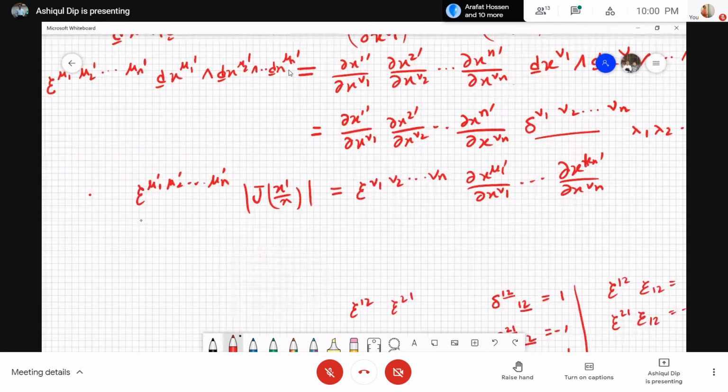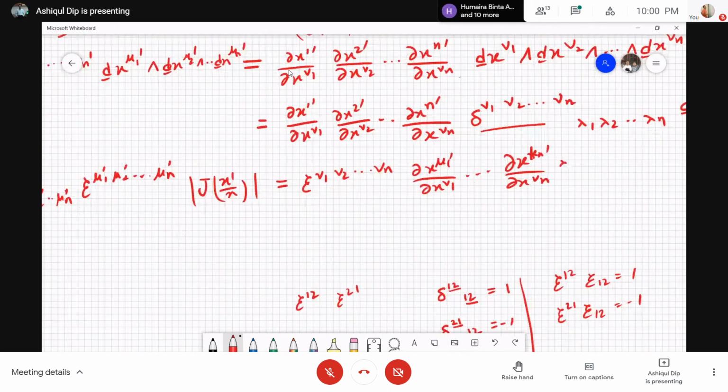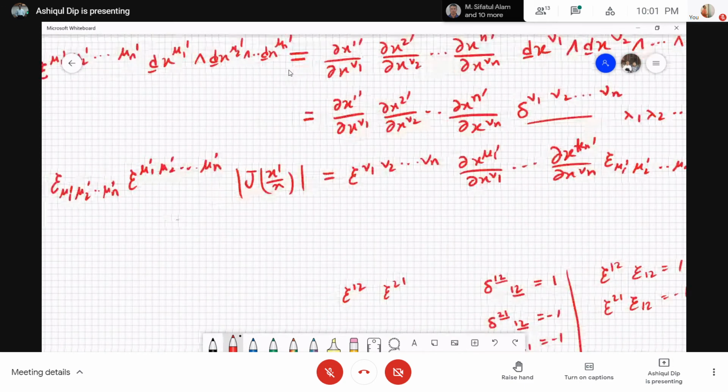If we multiply both sides by this e mu1 prime mu2 prime up to mu(n) prime, then on the other side we multiply e mu1 prime mu2 prime up to mu(n) prime, like that. Okay, yes, this is what I want.